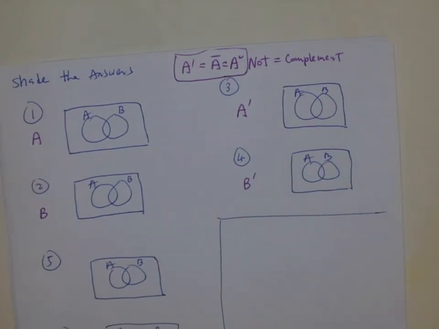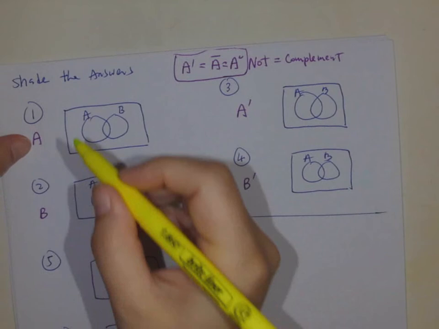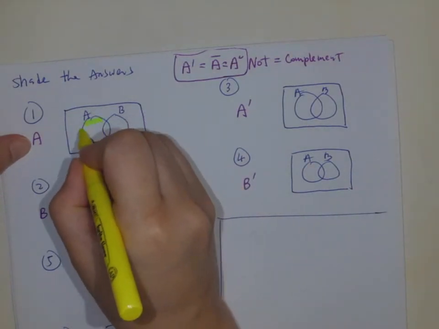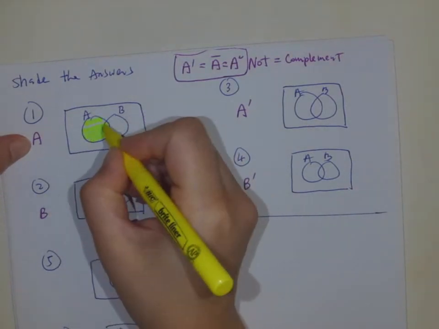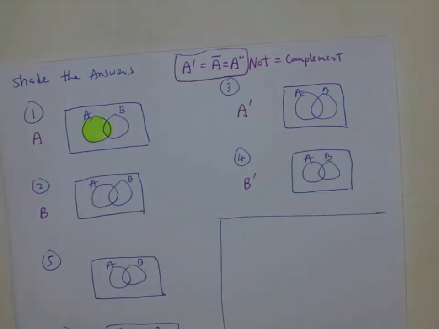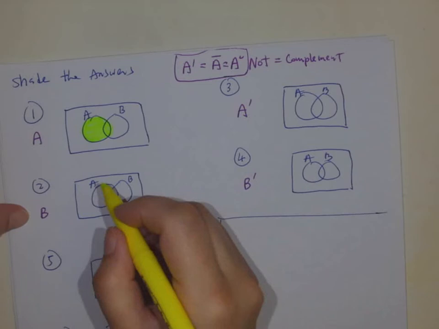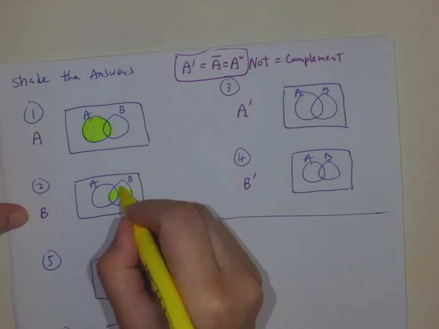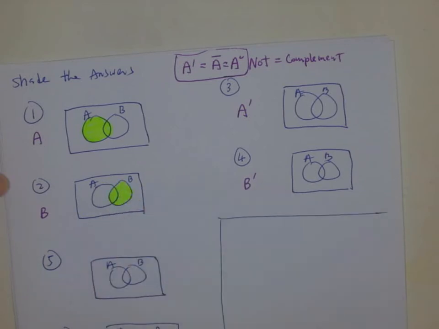So let's try this. The first one I just need a circle, right? That should be pretty straightforward. You just need to shade in the whole A circle. Hope that makes sense. What do you think about B? B is just the whole B circle, right?